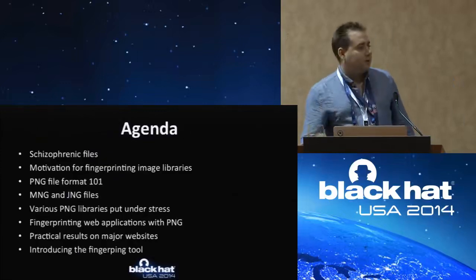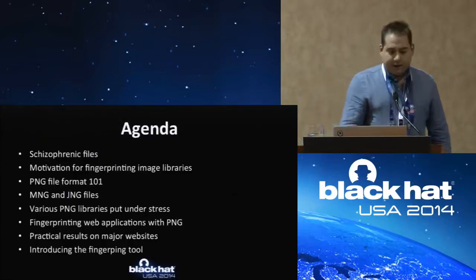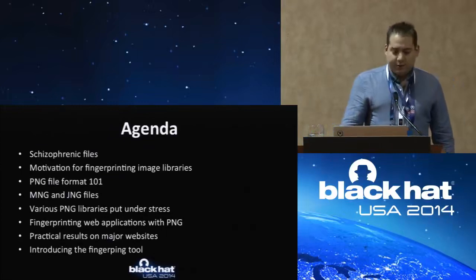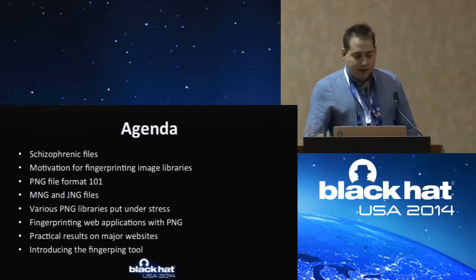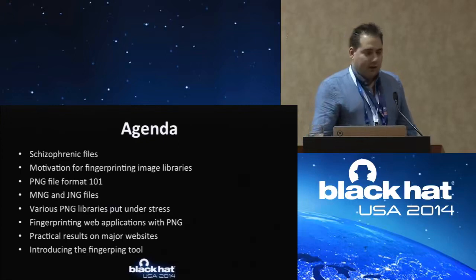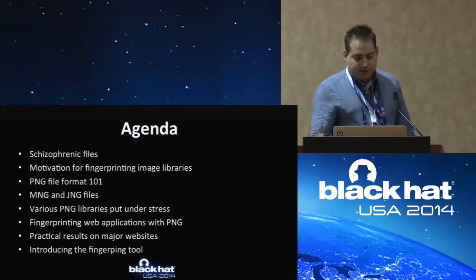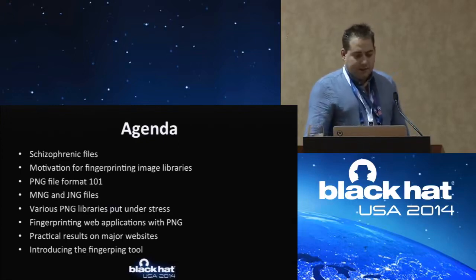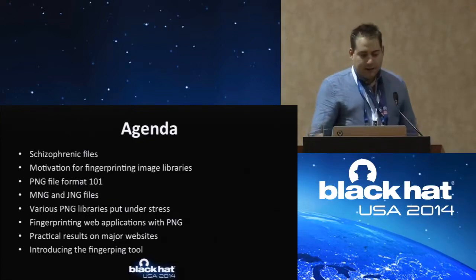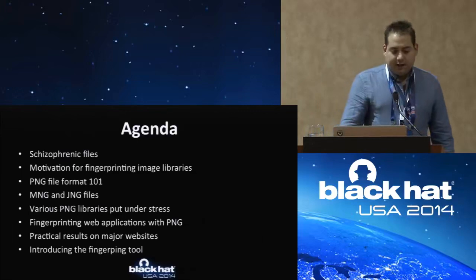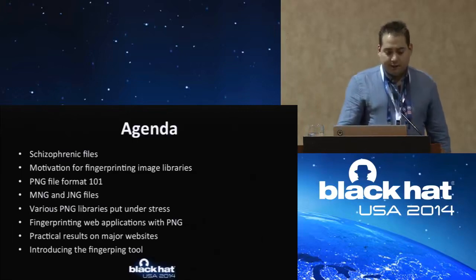So what is this talk about? I will first introduce the concept of schizophrenic files, which you might already know about, and I will explain why it is interesting to fingerprint image libraries. Then I will explain quickly the PNG image file format and MNG and JNG, which are variations of it.